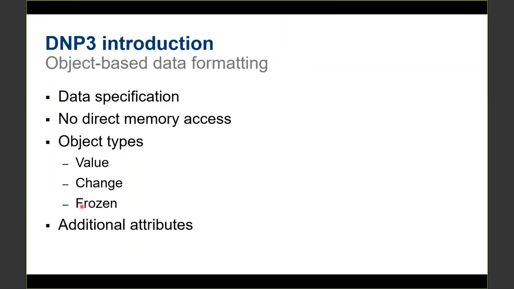And the user can consult the objects available in the device in the DNP profile document. SEL provides the DNP profile in the instruction manual for each device. So if I open my instruction manual for the relay 751A, I'm able to find the DNP profile in the DNP appendix. I will show a table later with more examples of objects and types of information.